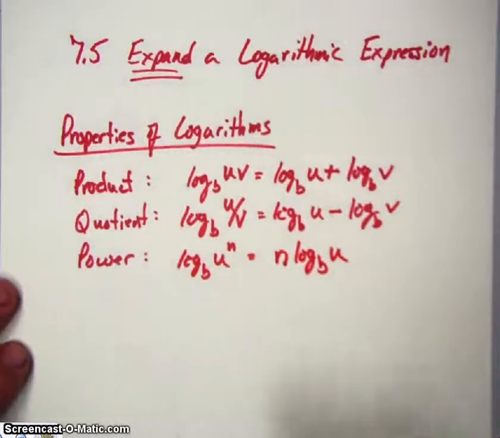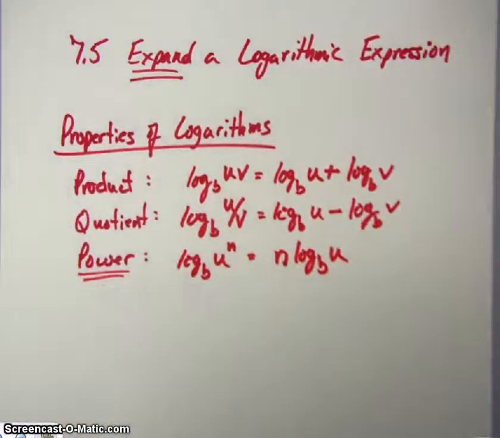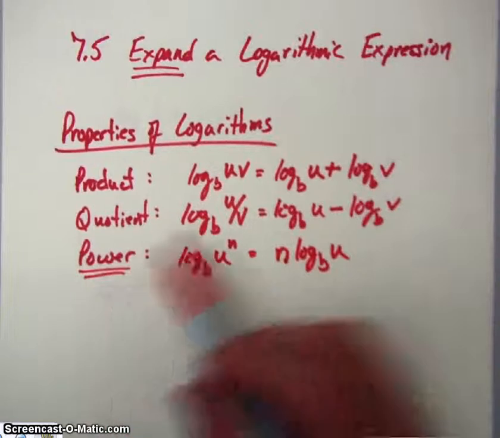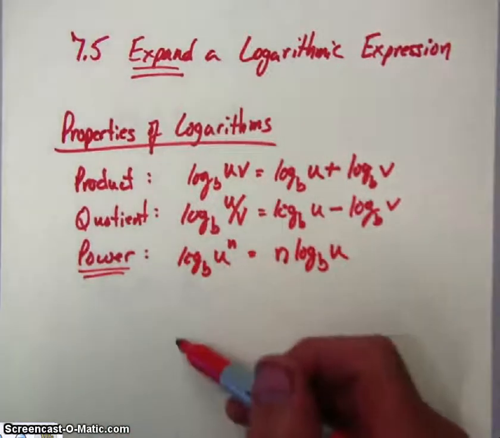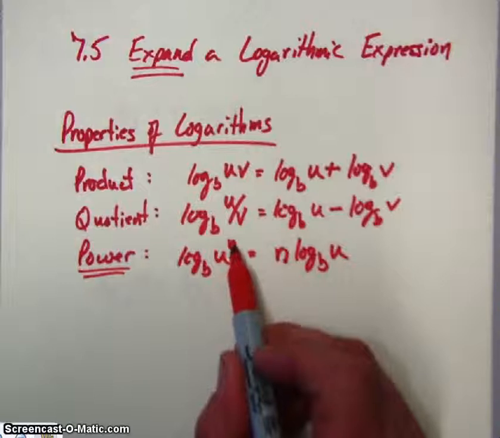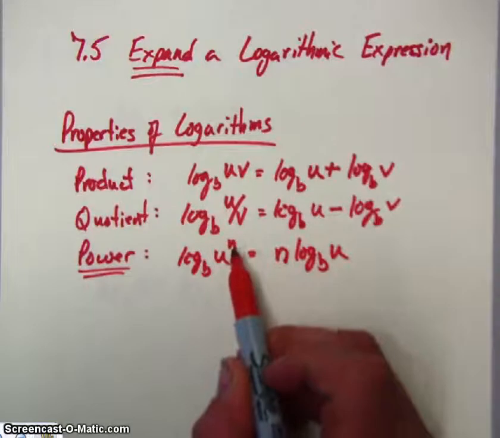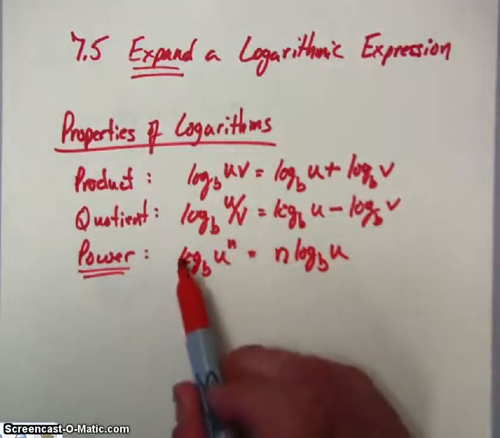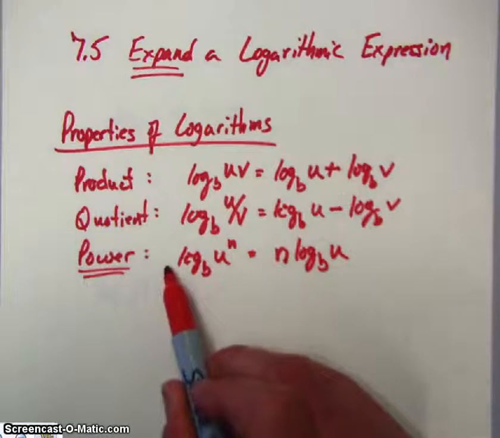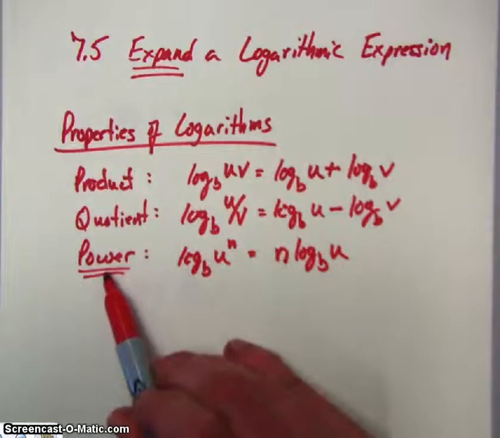This right here is very important because when we start solving logarithmic equations or exponential equations, if I have a variable in the exponent, one of the ways I can bring that down to the base is if I use the power.